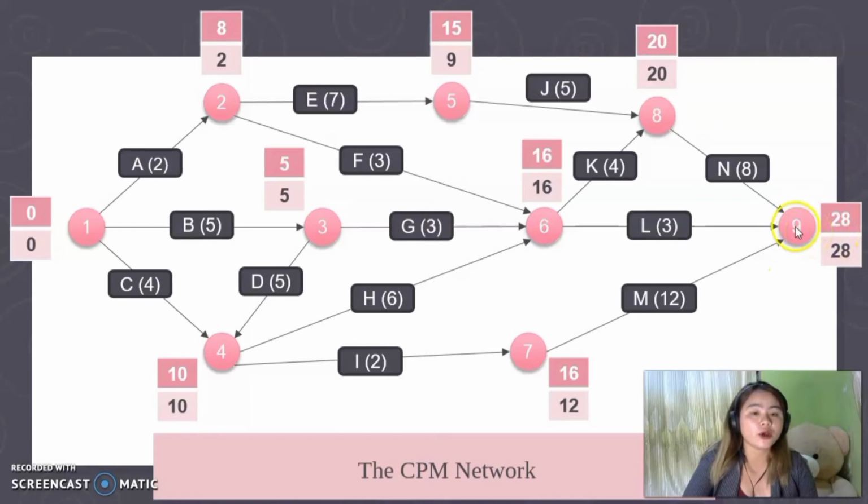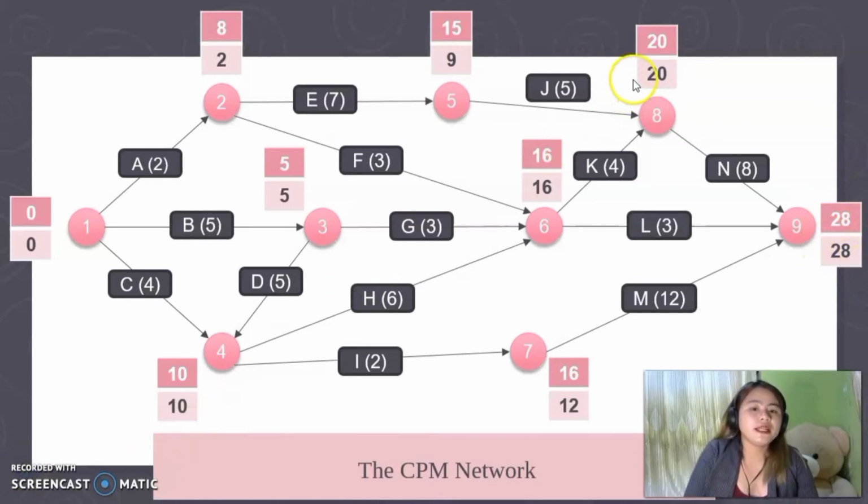This computation is called the backward pass. So for the last node, the earliest start time is 28. Always remember that the latest completion time of the ending node is always equal to the earliest start time, which is 28. That's why we put 28 here, because it should be equal.